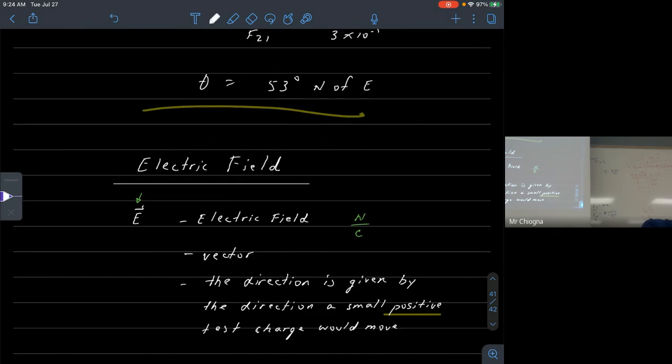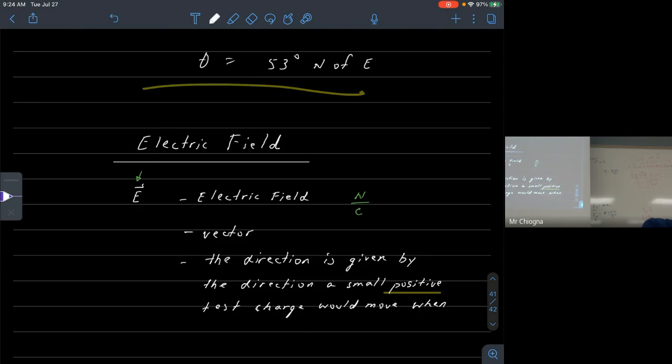If you let it go, would move when placed in the field. Okay. Which direction would it move when placed in the field?